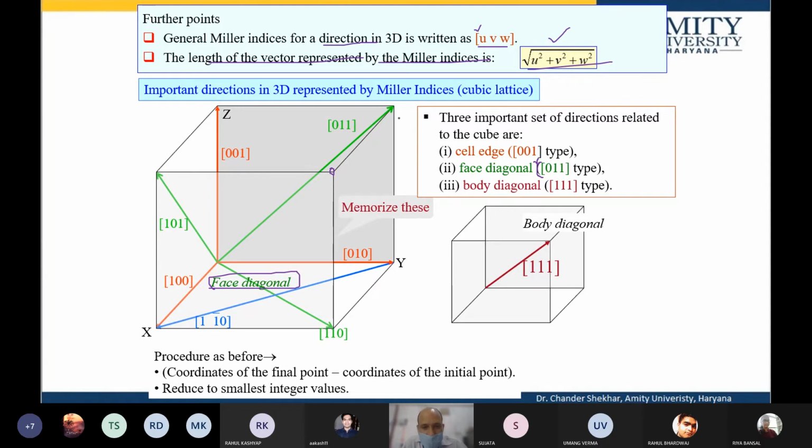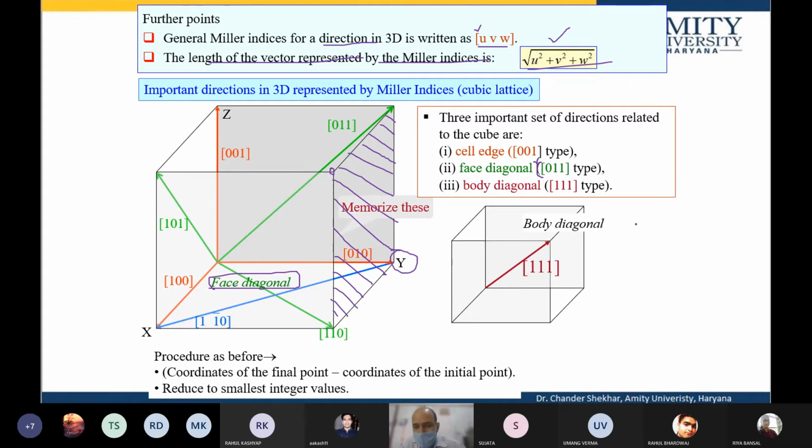Suppose this plane is parallel to x and z. Sorry, here y is along this axis. So this plane intersects the y axis and is parallel to the x axis.